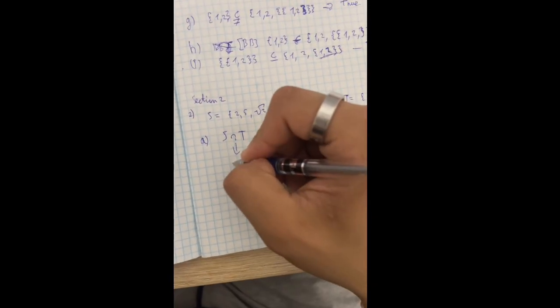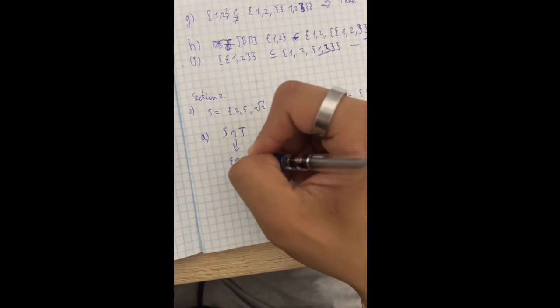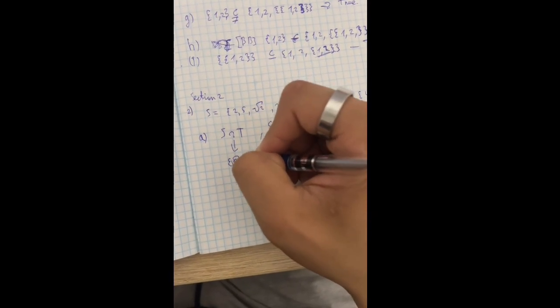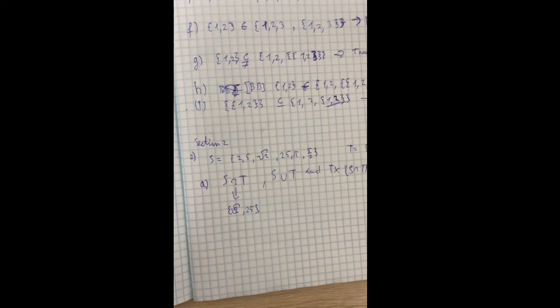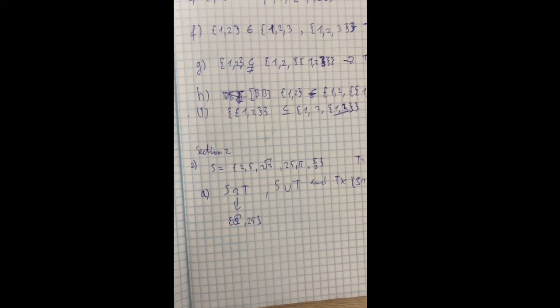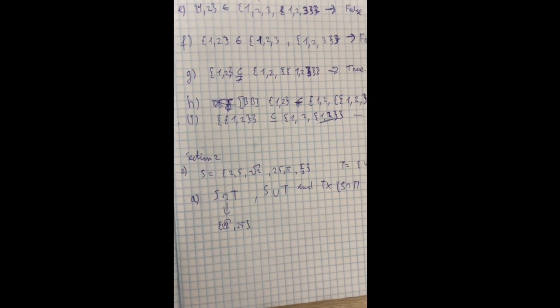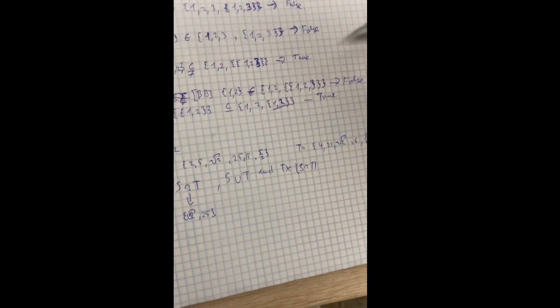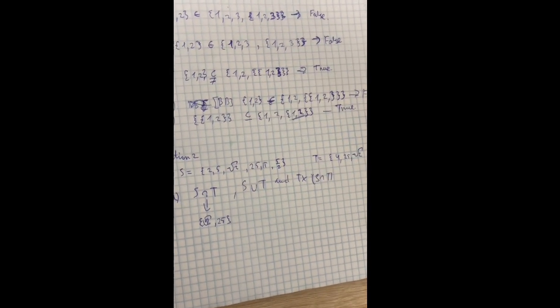We know that this is a power of 2, square root of 2, and the intersection of S and T includes only the elements that appear in both sets, so there's 25 and the square root of 2.